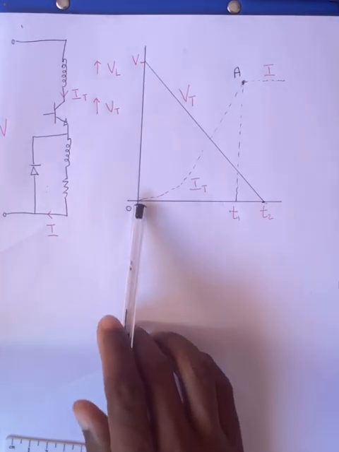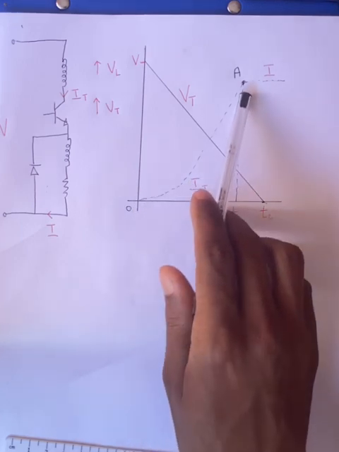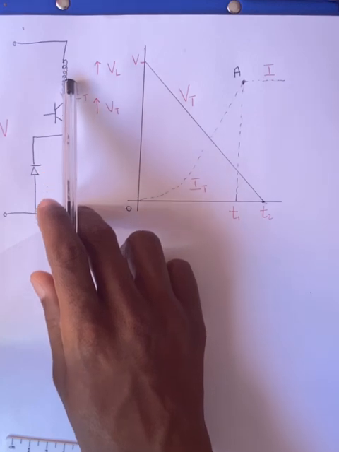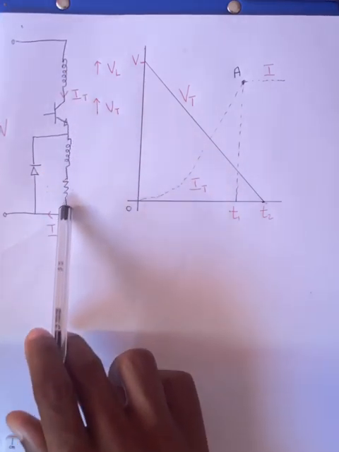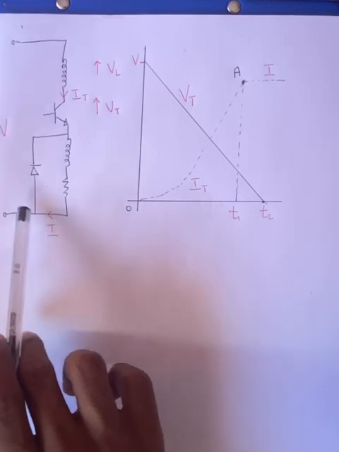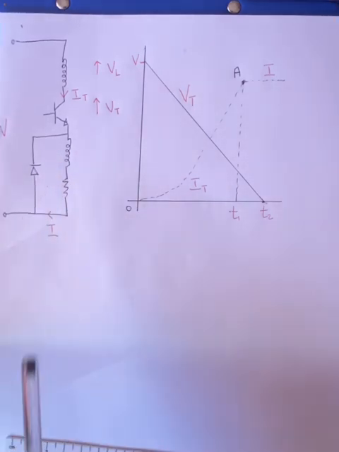It will be true when IT is equal to I supply, simply meaning the current flowing here is equal to I supply, so there's no current going through the diode. This will happen when the transistor current equals the load current, and all of this happens at point A, as I've depicted here on the graph.